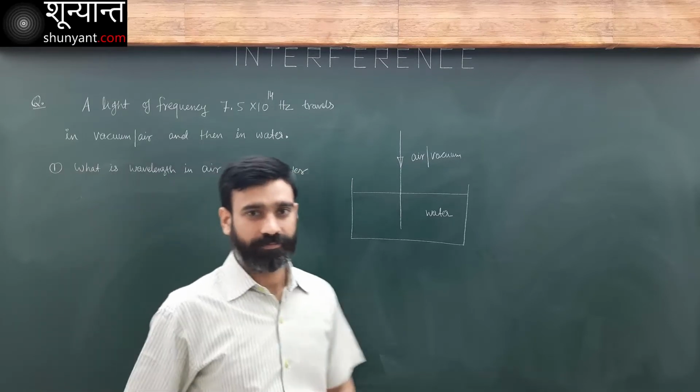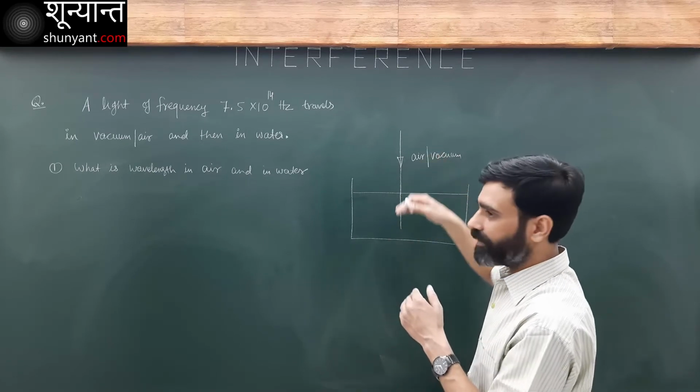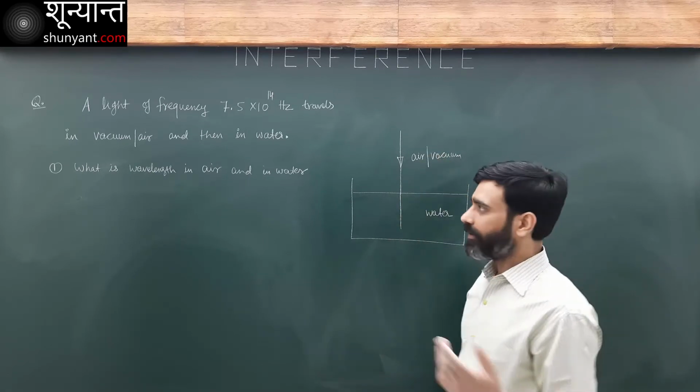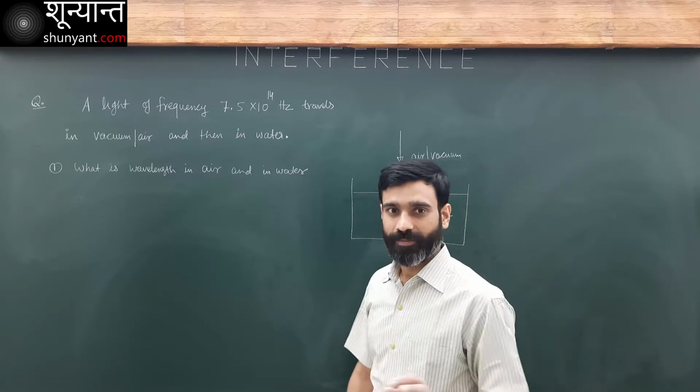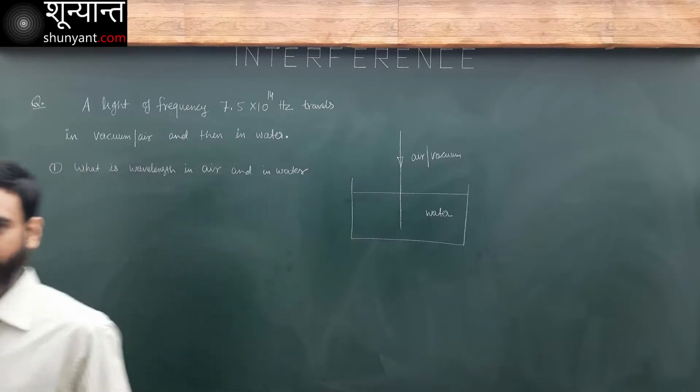Very simple problem. I have a light ray whose frequency is given. It is traveling through air and then it enters into water. I have to find its wavelength in air and its wavelength in water. Direct, simple problem.